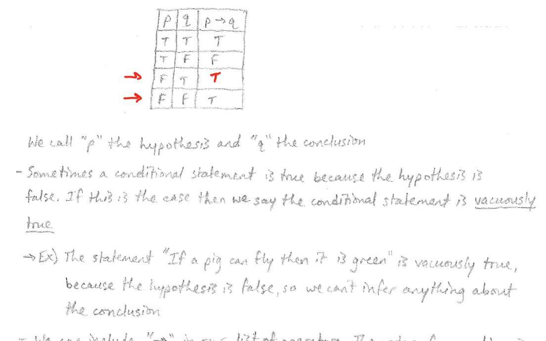If a pig can fly, then it is green. We can't infer anything about the conclusion of our conditional sentence, so therefore we have to go with the fact that it is true.